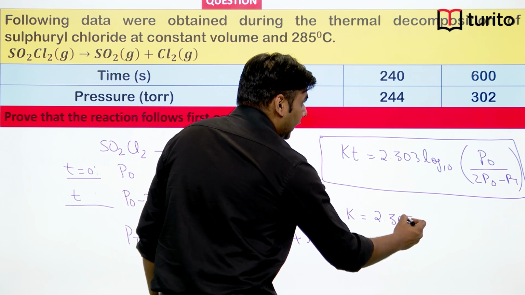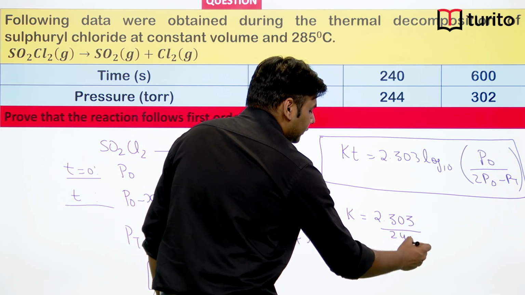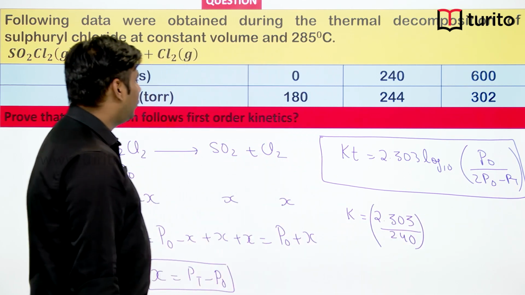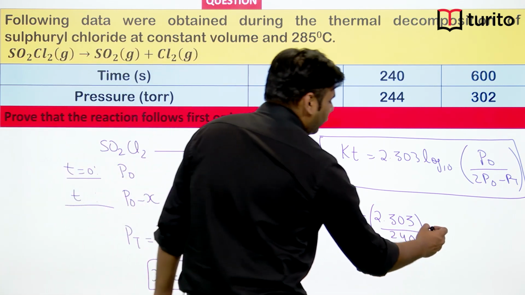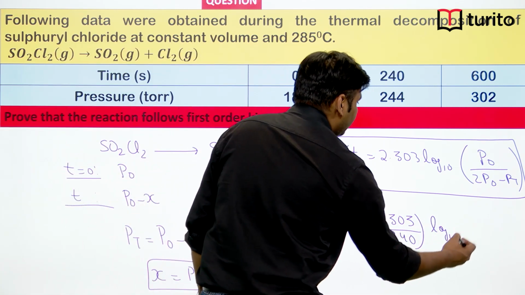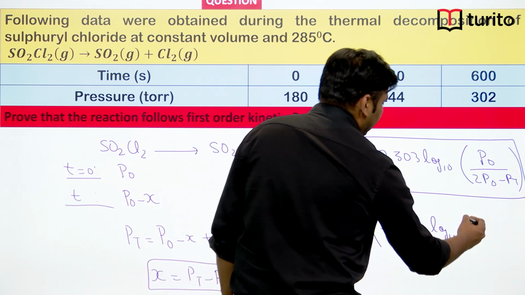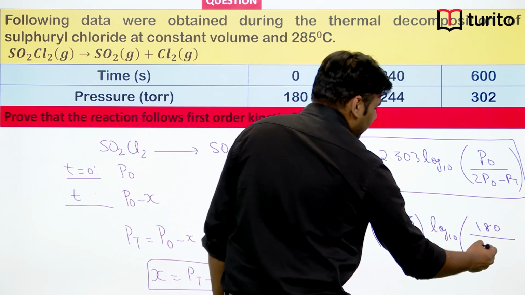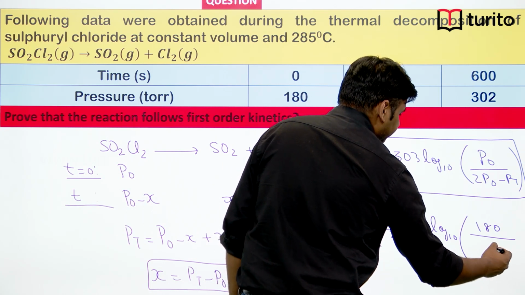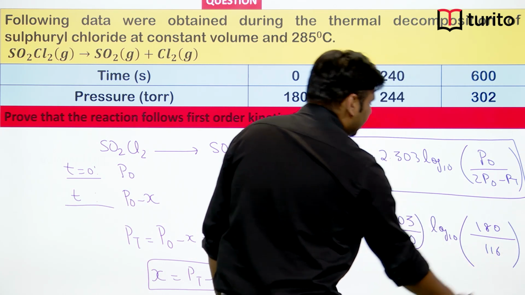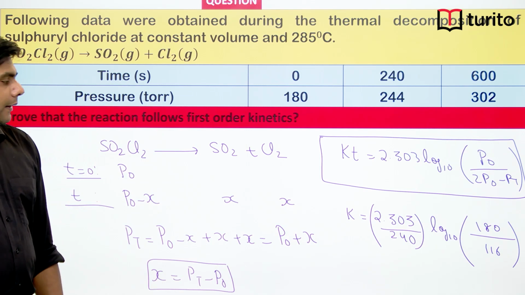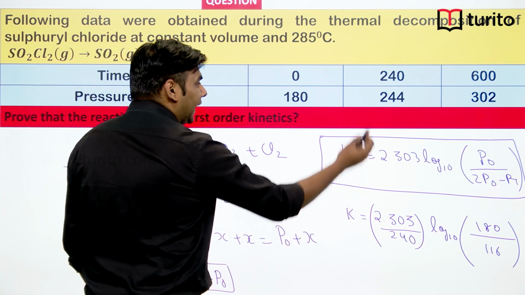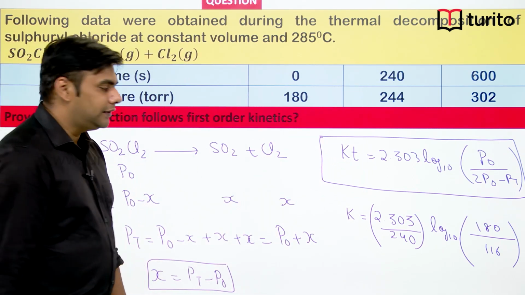Okay, so when the time was 240 seconds, this would be 2.303 upon 240 into log base 10 of P naught, which was 180, divided by 2 P naught, which would be 360 minus 244, that is 116. Okay, so you can calculate the value of k at time 240 seconds.